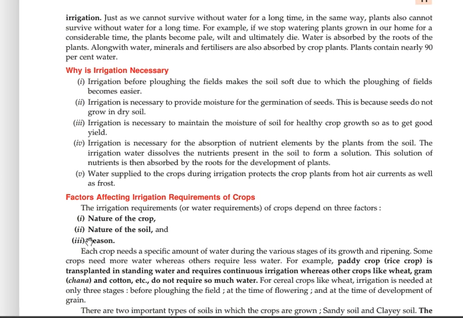The third factor is season. If you need to irrigate a field, first of all, it depends upon in which season you want to irrigate the plant crops. In winter season, there is lesser requirement of water for plant crops in comparison to the summer season. That's why the season is also an important factor which affects the irrigation requirements for a cultivation crop.